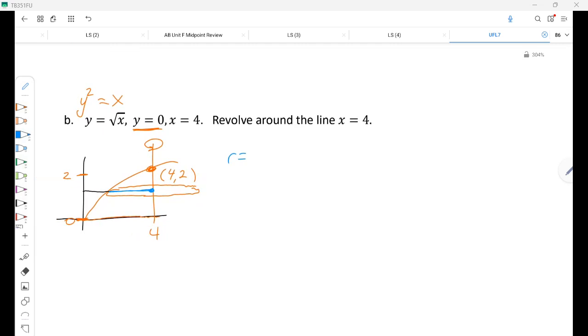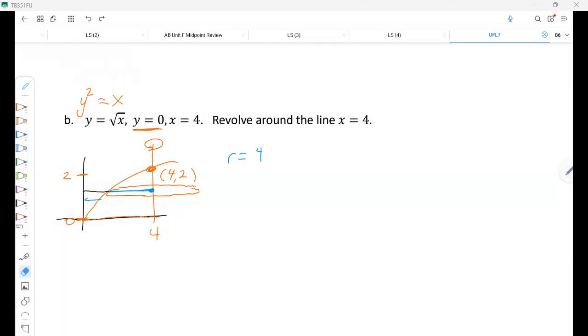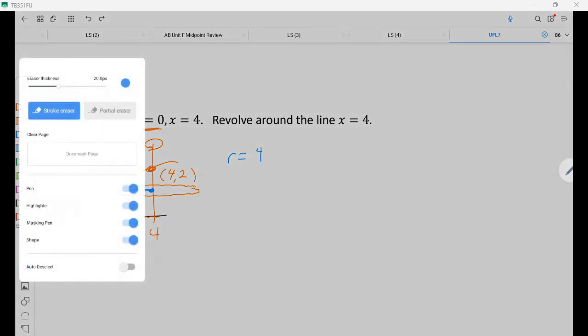The entire line is 4, so the whole line would be 4 from here to here. And how would I measure the length of the black line? It is definitely a function, but now I think in this one we don't have a function defined, so we have to figure out what that function is.